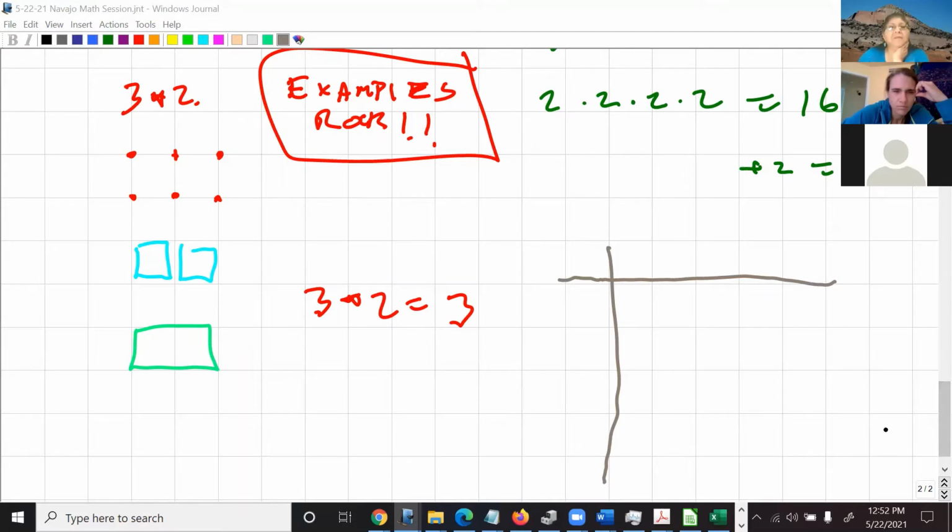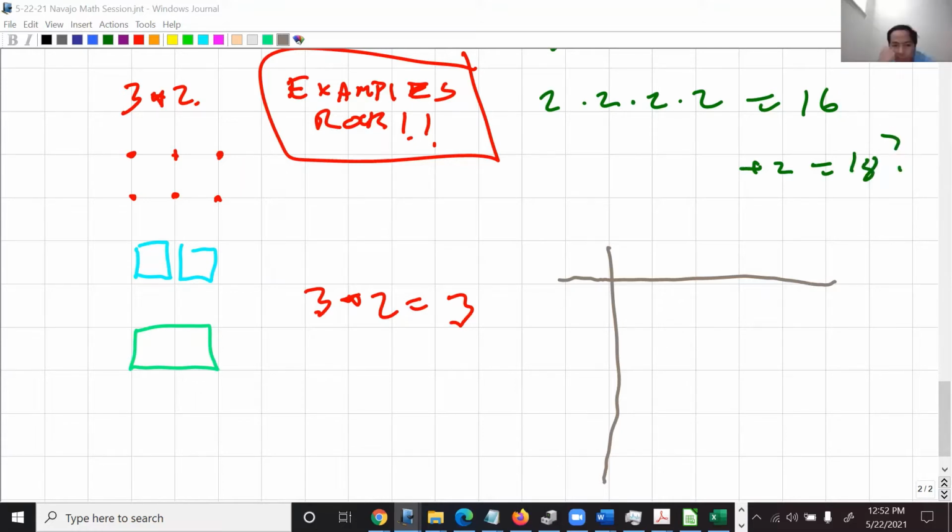For the 3 asterisk 2 equals 3, is that what you're asking? And more generally, how we make the asterisk of 2 numbers. Okay, so there's 3 rectangles, and 2 types of rectangles is equal to 3 types of rectangles.